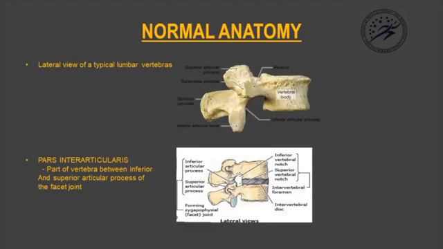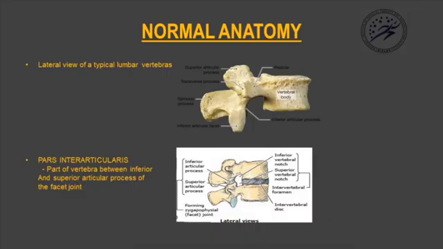Before further discussion, let's talk about the anatomy of the vertebra first. In this topic, we are going to discuss spondylolisthesis at the lumbar vertebra, which is the more common site. We will not talk about the whole anatomy of the lumbar vertebra, but only some major features of it.